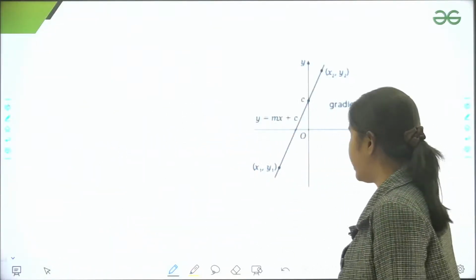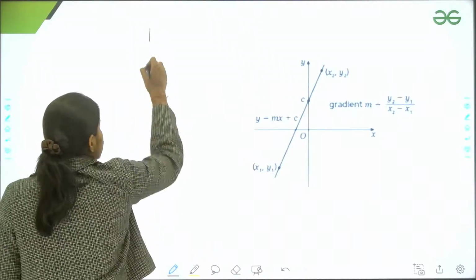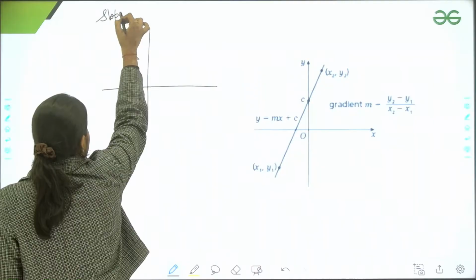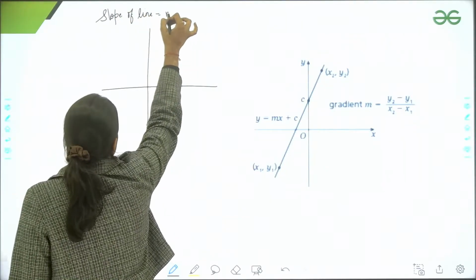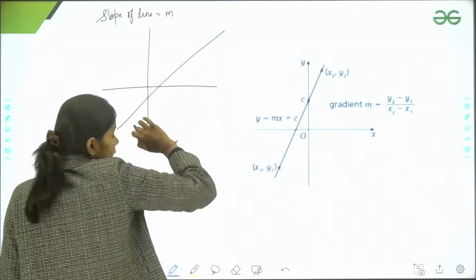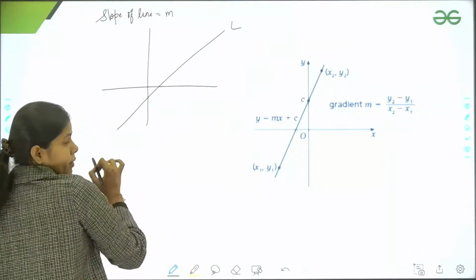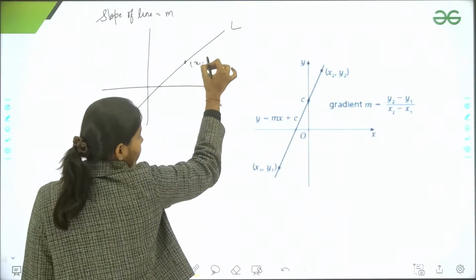So guys, we have discussed that to find the equation of a line, we require the slope of the line. So I am representing the slope of a line with m. Let's suppose this line L is given and its slope is m, and one coordinate is given to me, that is x1 comma y1.